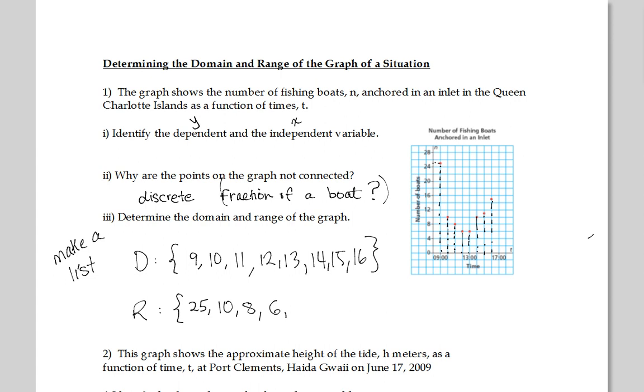You don't have to put 6 two times. Don't repeat elements. What's after 6? Oh, 10 again. Do you have to put 10 again? No. And then we have 11. And then we have 15.